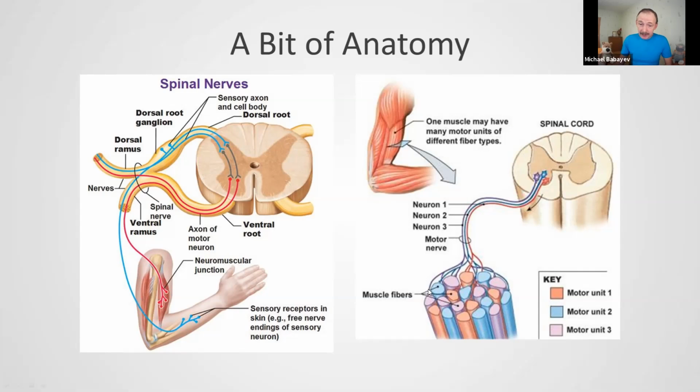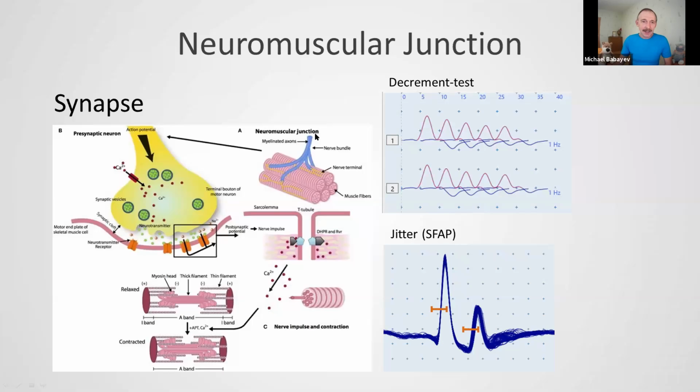And here, between the terminal of the nerve and the muscle fiber, there is a very small but very strange and very complex part of our neuromuscular system. It is the synapse. In this picture, you can see nerve motor fibers and muscle fibers. Here are muscle fibers that will be contracted when the muscle contracts.